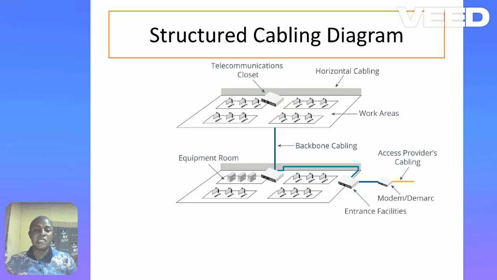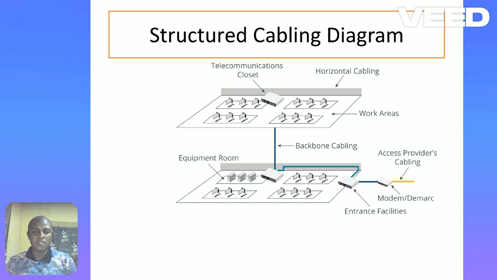So this is the structured cabling diagram. You can see from here now, I'm seeing a two-story building. The first story is being networked and the second story is also being networked. The upper room is known as the telecommunication room, and it has one switch.